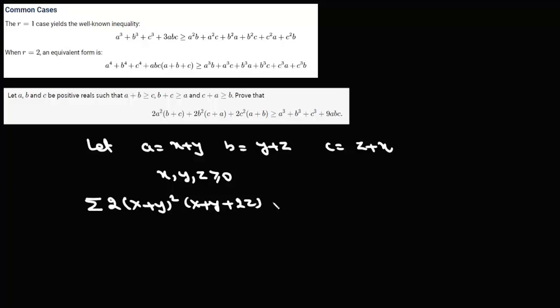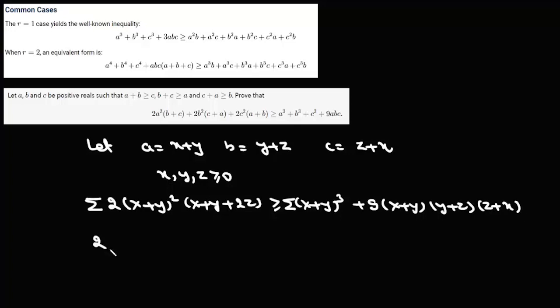This symmetric sum will be greater than or equal to x³, and symmetric sum of (x+y)³ plus 9 times (x+y)(y+z)(z+x).